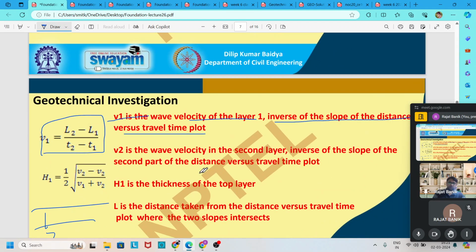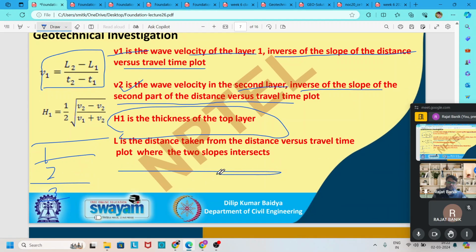V2 is the wave velocity of the second layer, and it is also the inverse of the slope of the second part of the distance versus time plot. H1 is the thickness of the top layer. So V1 is the velocity of the first layer, V2 is the velocity of the second layer, and H1 is the thickness of the first layer.